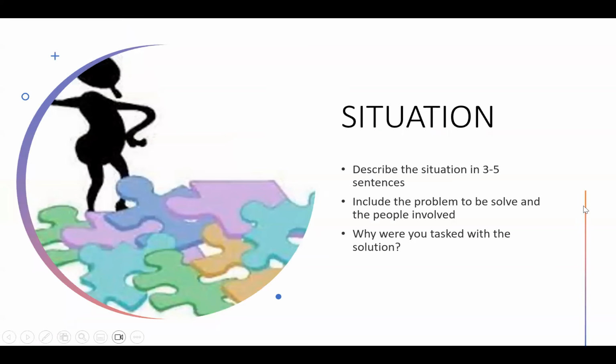All right, so the situation. When they ask you a question, they're asking you to tell them a story. And if you formulate your story based on the STAR method, you can break down what needs to be included for each section. So the situation is the problem.